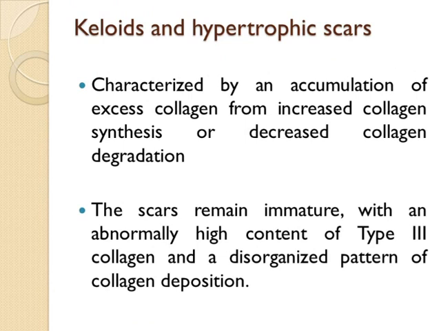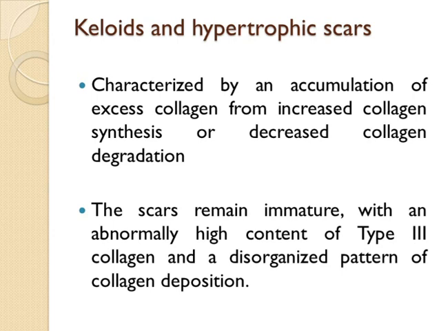First of all, this is abnormal wound healing about keloids and hypertrophic scars, where it's characterized by an accumulation of excess collagen from either increased collagen synthesis or a process of decreased collagen degradation.